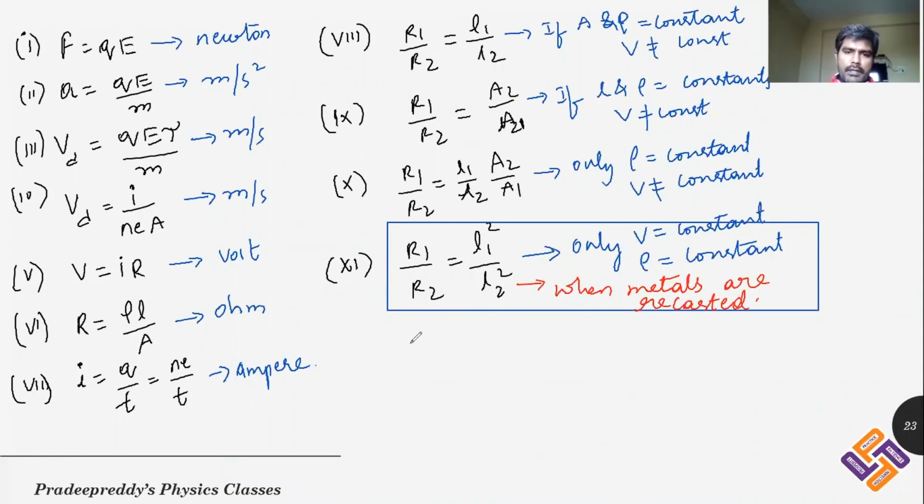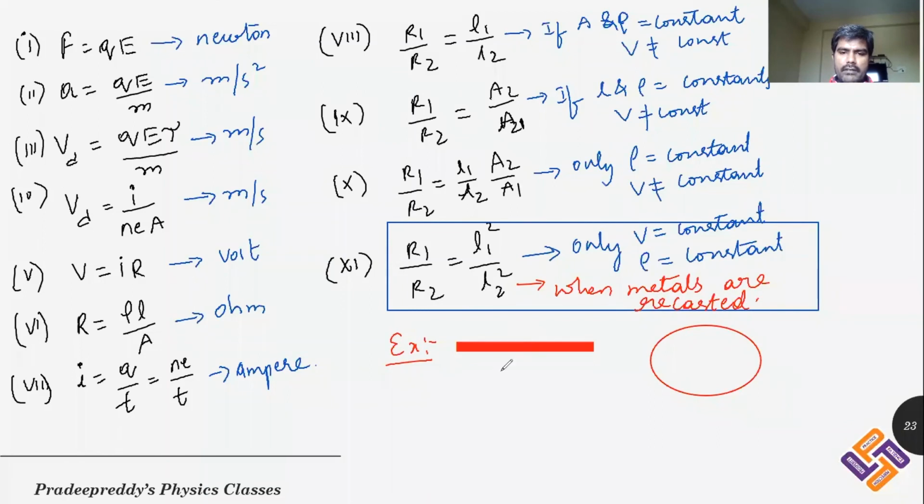For example, I can take a conductor, like you have a conductor like this. Now this conductor can be recasted to a disc, or this conductor of length L can be recasted to a circle, right?